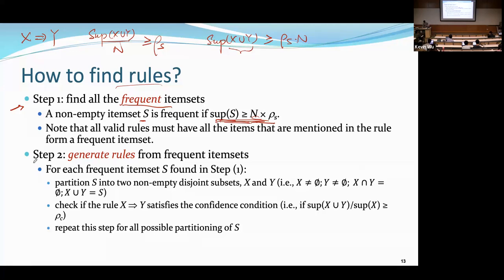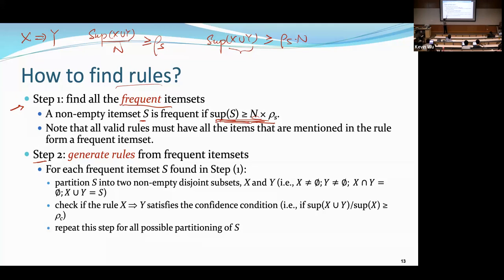The second step of the algorithm is that after we have found all the frequent item sets, we derive rules from them. So we generate rules from the frequent item sets that we discovered in the first step. In particular, for each frequent item set S found in step 1, we partition S into a left-hand side and a right-hand side.